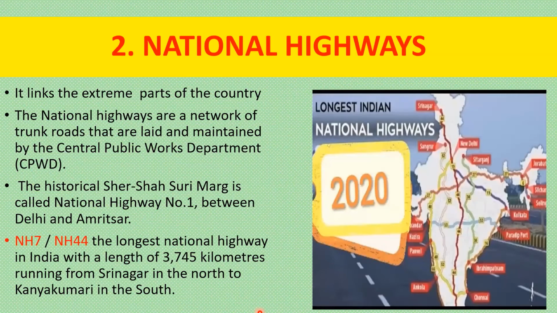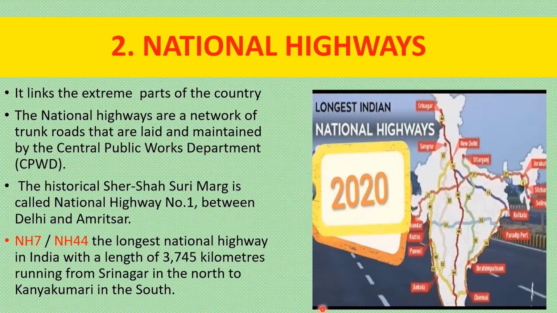National highways. The national highways link the extreme parts of the country. National highways are a network of trunk roads that are laid and maintained by the Central Public Works Department, that is CPWD. It's a primary road system constructed and maintained by the CPWD, that is the central government.